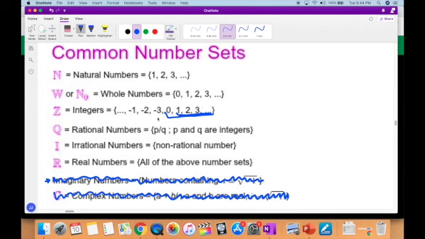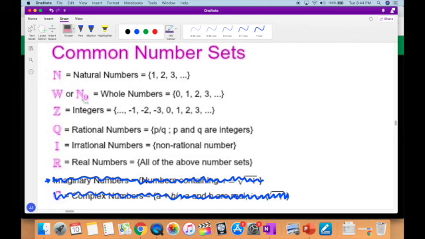But now with integers, we include the negative numbers. Can I say that whole numbers are a subset of integers? Yes, because the entire whole number set is inside of that integers set.